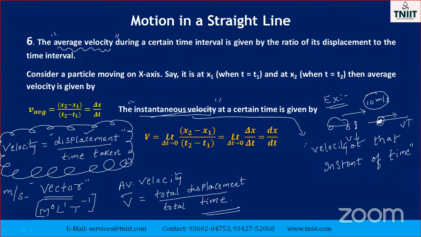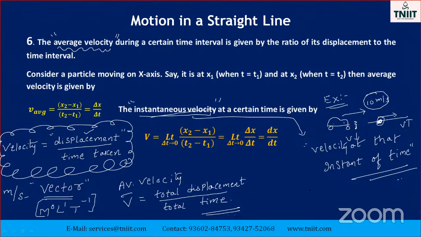For the next moment, we don't know what happens to the velocity. When I'm talking about the instantaneous velocity, keep it in mind, I'm talking about the velocity only for that moment. That velocity we call instantaneous velocity.